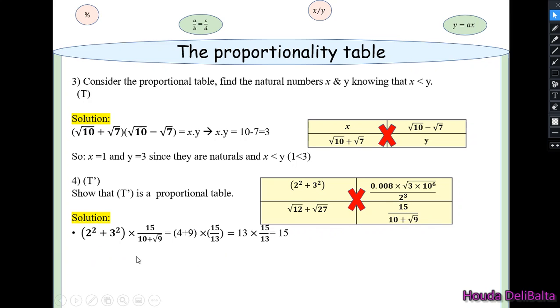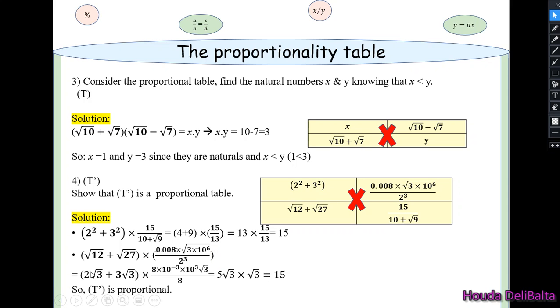Notice the calculations. I find the answer of this, which is 4 plus 9, etc. And multiplying these together also, simplifying the radicals, getting these out of the radical and simplifying 0.08, you get these values as you see here. You get 5 radical 3 times radical 3, which is 15 also, and thus T prime is a proportional table.